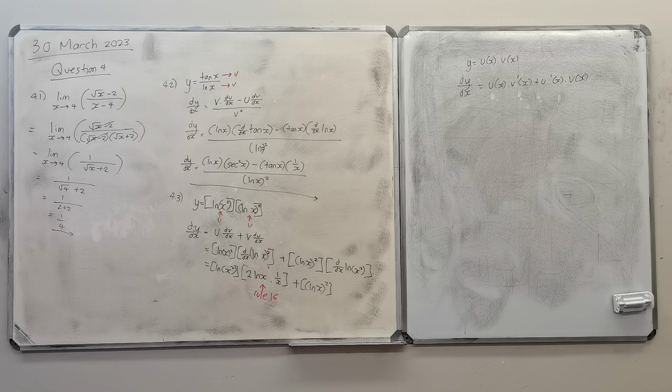It's not the same. You said ln of x to the power n, which is ln of x all to the power 2. This side is the ln of just the x to the power 2, not the whole thing.